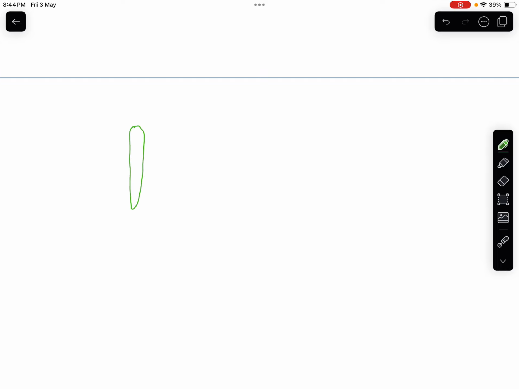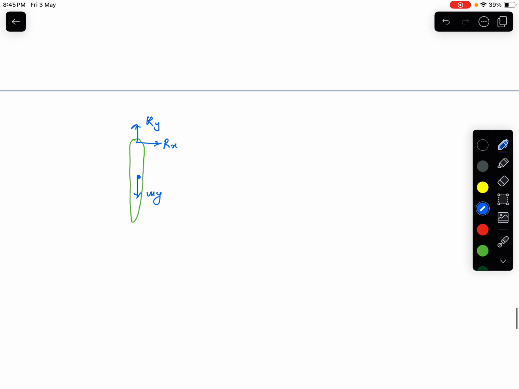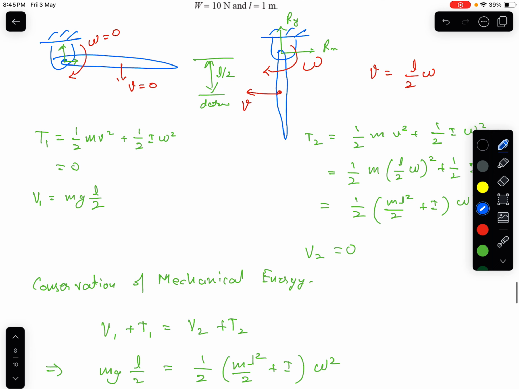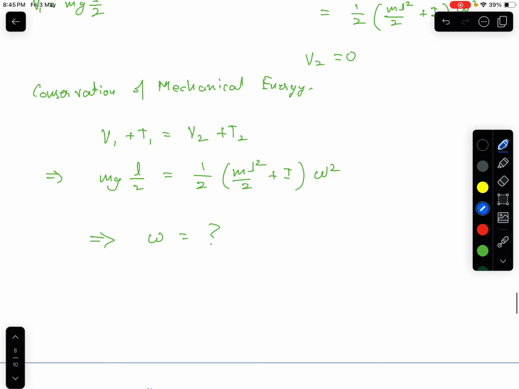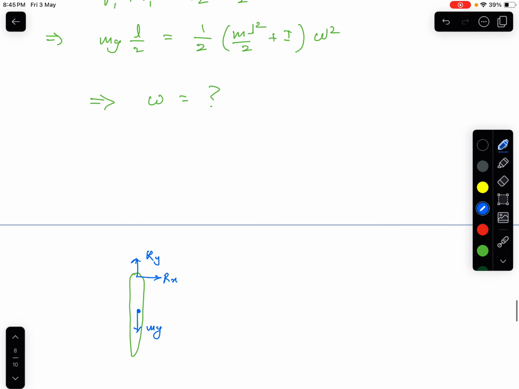The reaction forces are Rx, Ry, and this is Mg. Is there any other external force? No, there is no other external force.